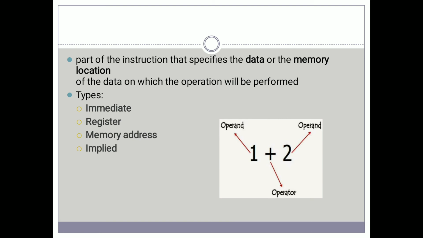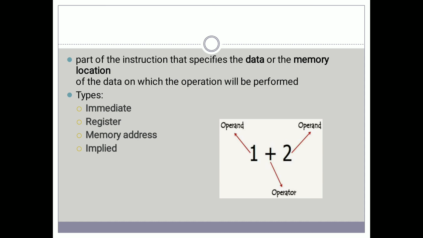The operand specifies the data or the memory location of the data on which the operation will be performed. Types: immediate, register, memory address, or implied, which we will discuss in addressing modes.